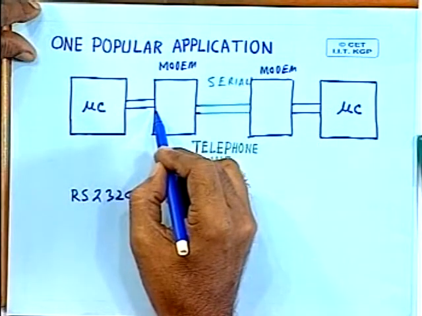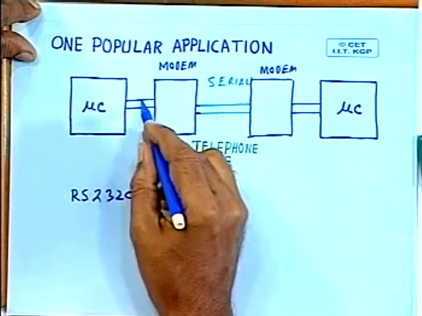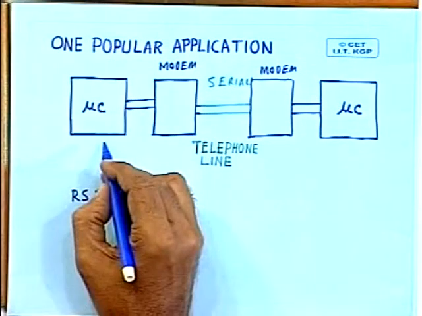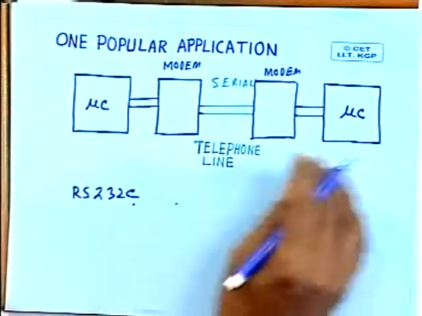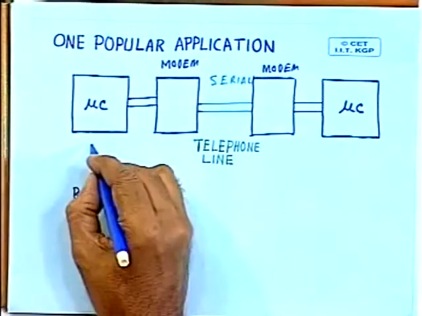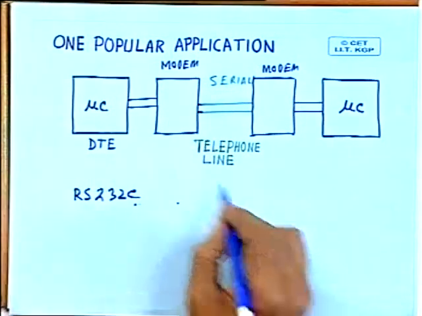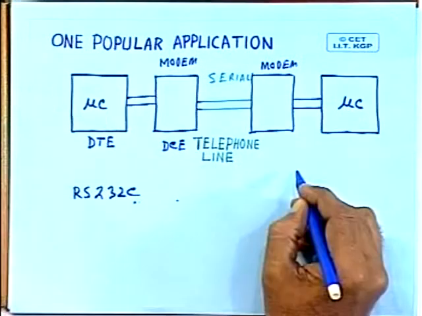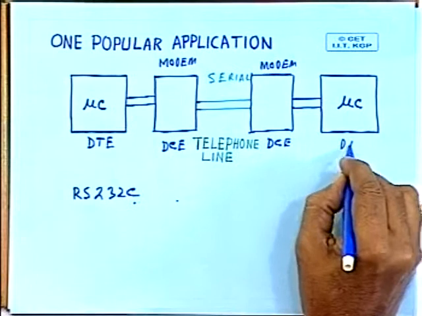This particular interface is known as RS-232C, and two separate terminologies are used. This equipment, this computer, or it can be some other type of device, is known as DTE, data terminal equipment, and the modem is commonly known as DCE, data communication equipment, and this is another DCE, another DTE.